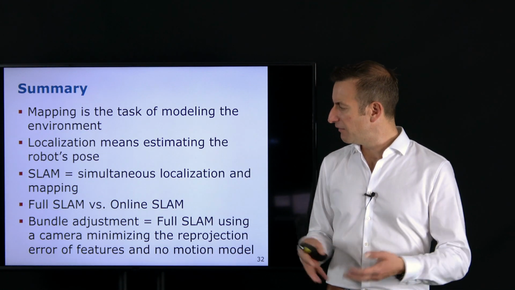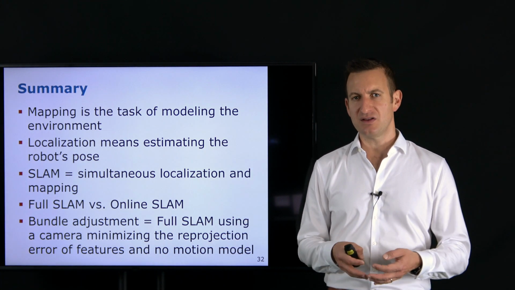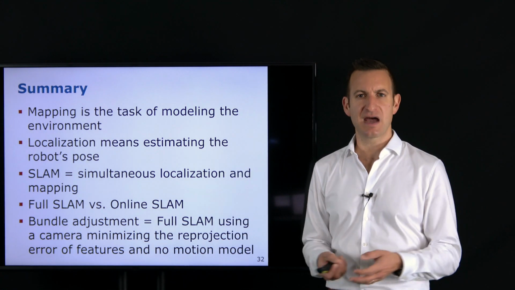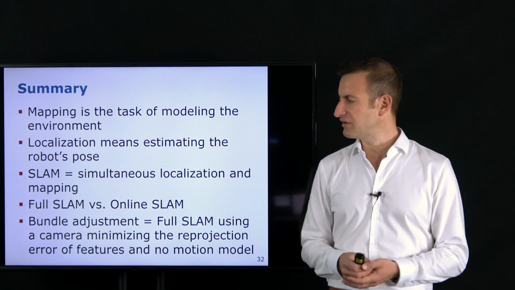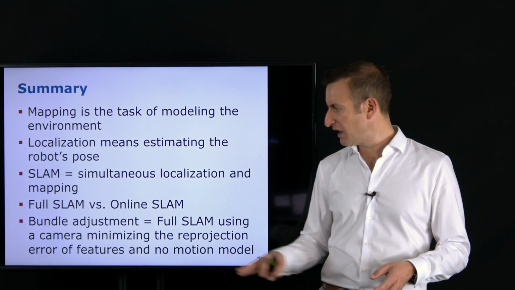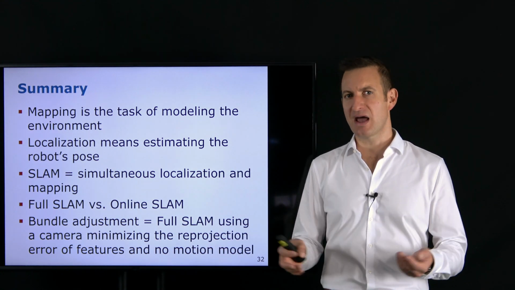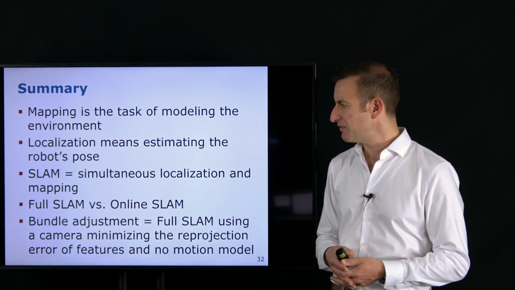There's a full zoo of algorithms out there that you can use, which also sometimes sit in between online SLAM, full SLAM, or anytime algorithms. So depending on the computational resources, you do more or less. But if you want to break it down to a very simple classification, online and offline is probably a pretty good one.